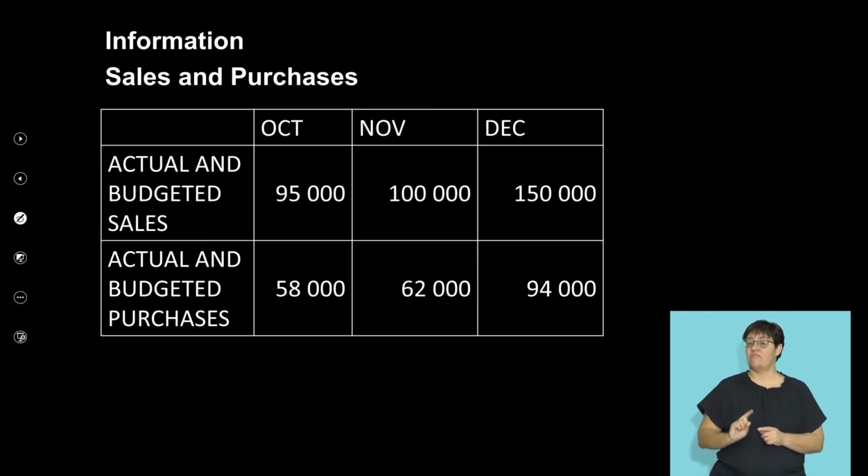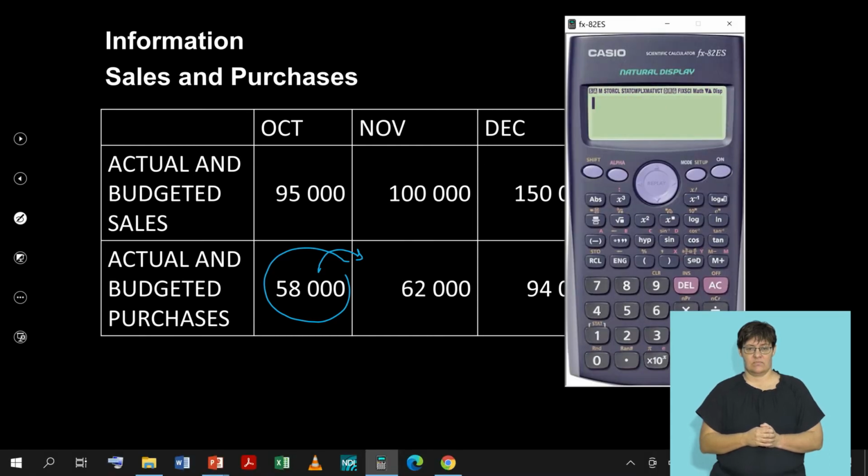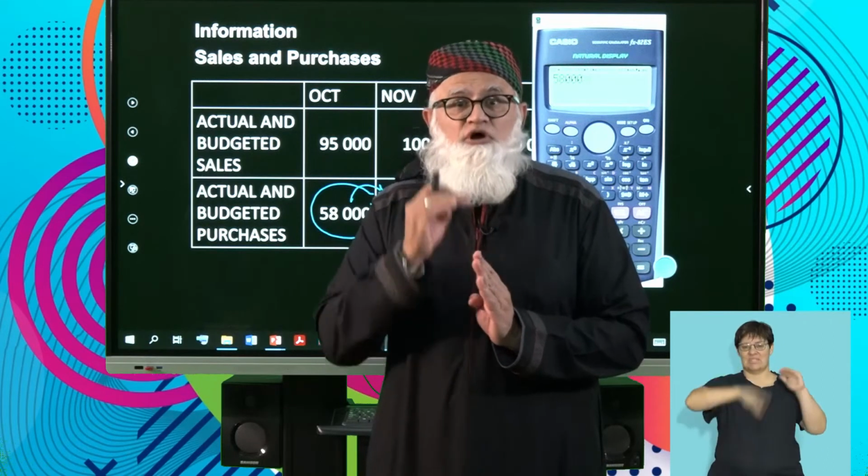So if we take the first figure here and we say our creditors are paid within 30 days, so if you bought in October, you're going to pay in November. So we start off with our 58,000, which is our credit purchases, times. Now, remember the question said that you are entitled to a 10% settlement discount for early payment.